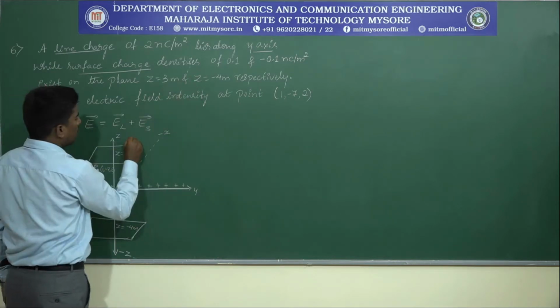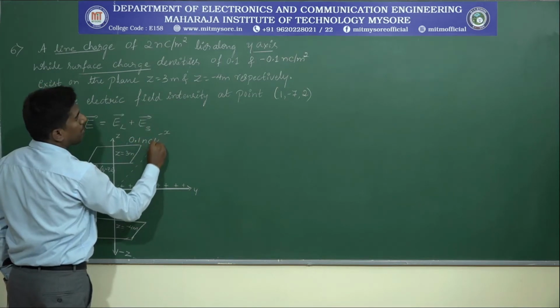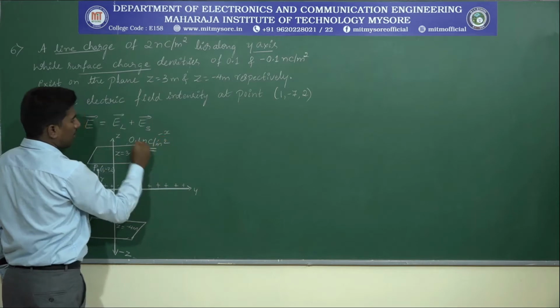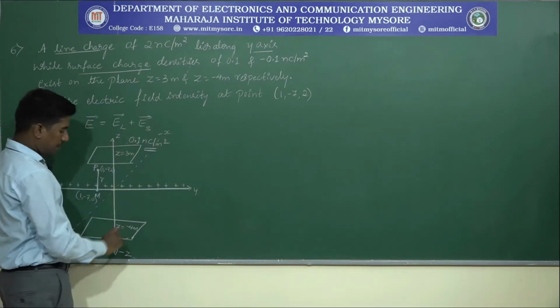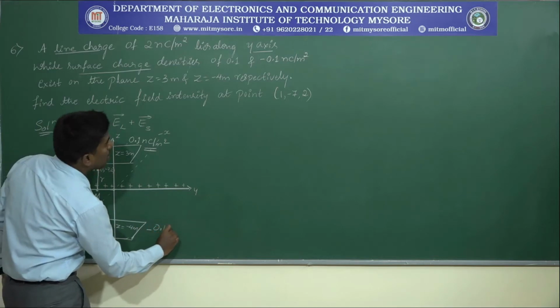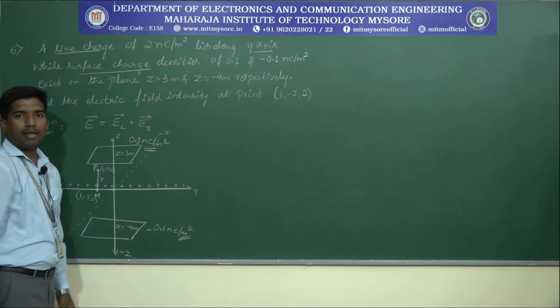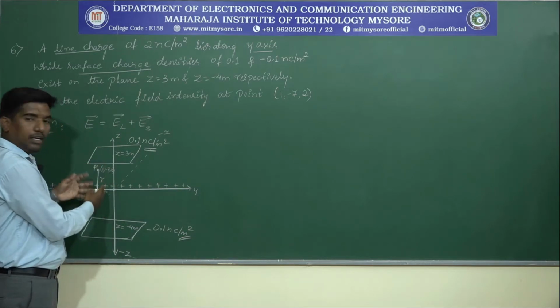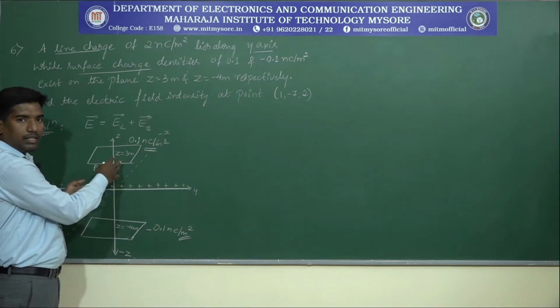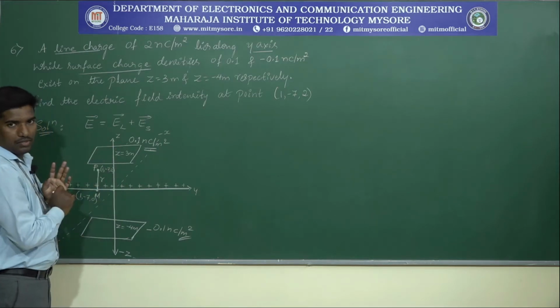Now, how does the electric field intensity get affected when two different surface charges are given? One charge is 0.1 nanocoulomb per meter square in positive z plane and another one is having minus 0.1 nanocoulomb per meter square in negative z plane. So we need to find the overall electric field intensity due to both types of surface charges.